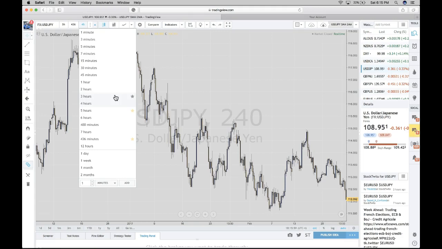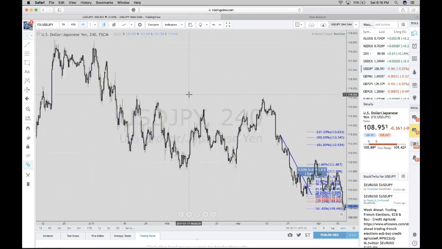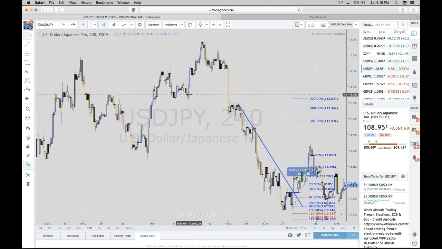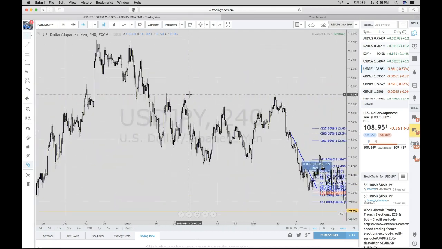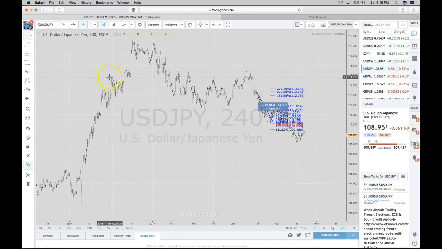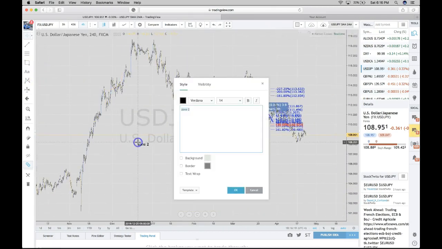You can still analyze with your fibs on the lower time frames as well, but not lose track of where you actually are. So this right here was Fibonacci 2.0.